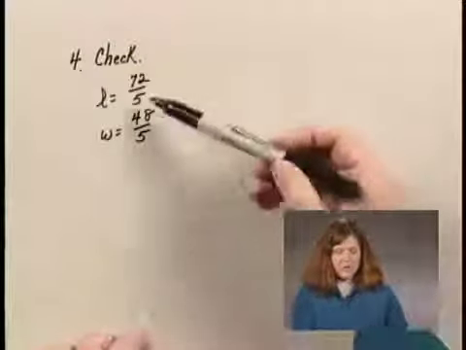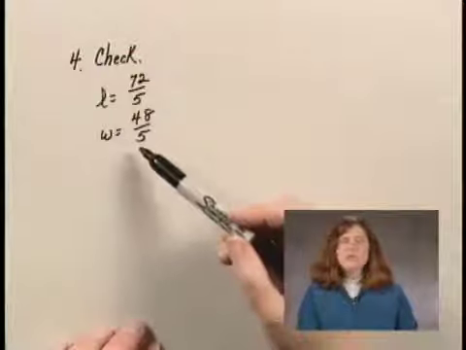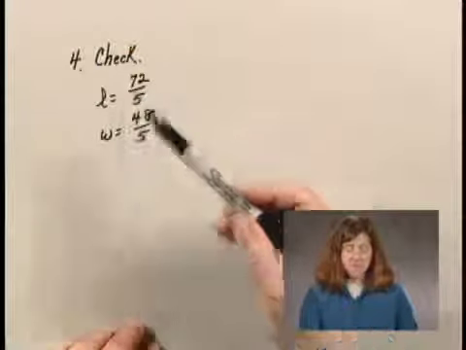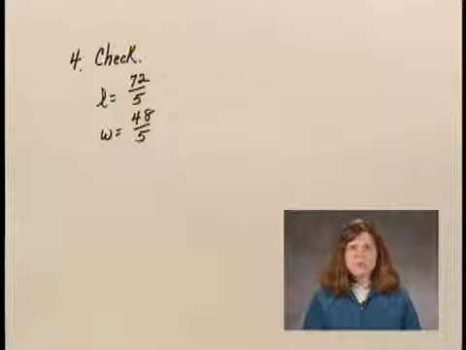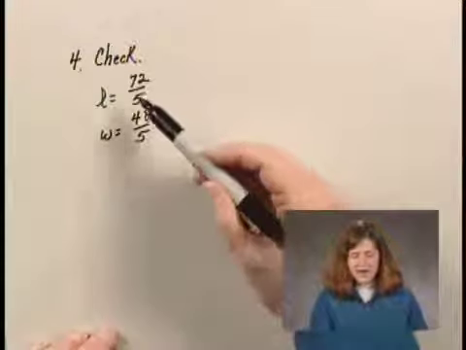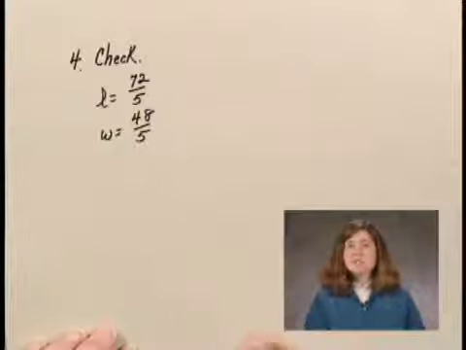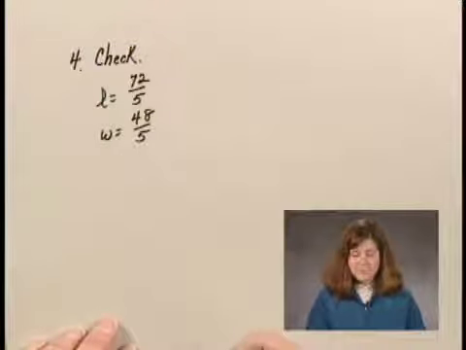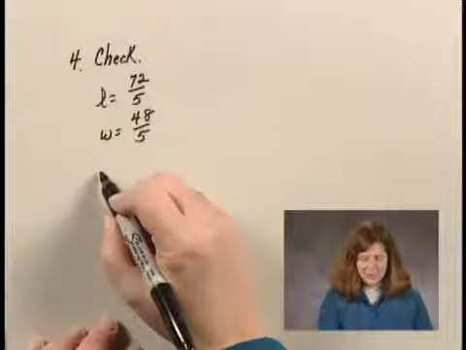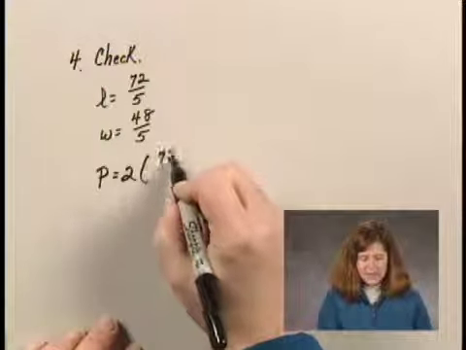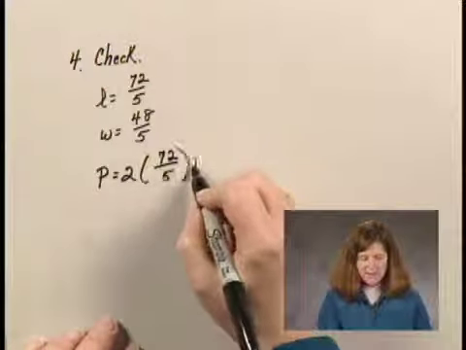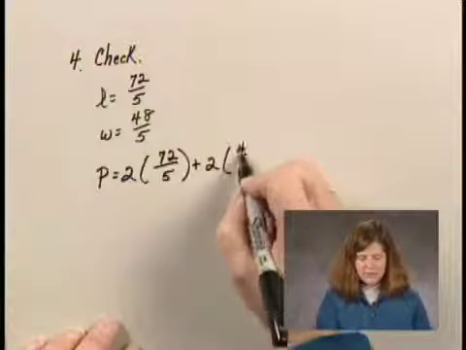Now going through this process, I found W by finding that it was 2/3 of L. So that takes care of part of the problem. We said that the width was 2/3 of the length. If we have this length and this width, will that give us a perimeter of 48 feet? Well, we can check that. The perimeter was 2 times the length plus 2 times the width.